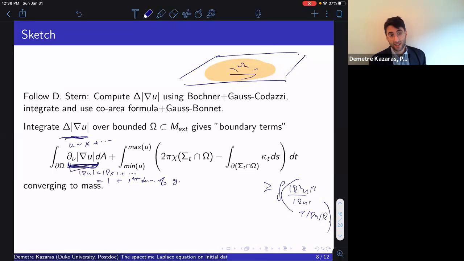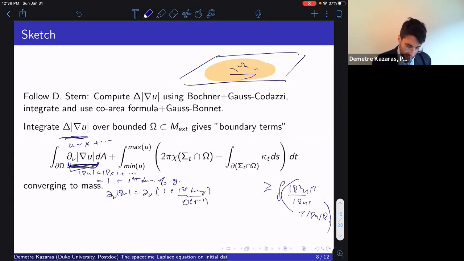And so when you take the normal derivative of the gradient of u, this is the normal derivative of 1 plus first derivative of g, which is of order r to the minus 1. This looks like 0 plus something which is order r to the minus 2.